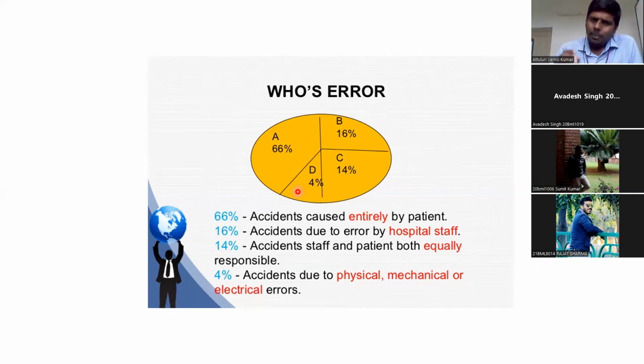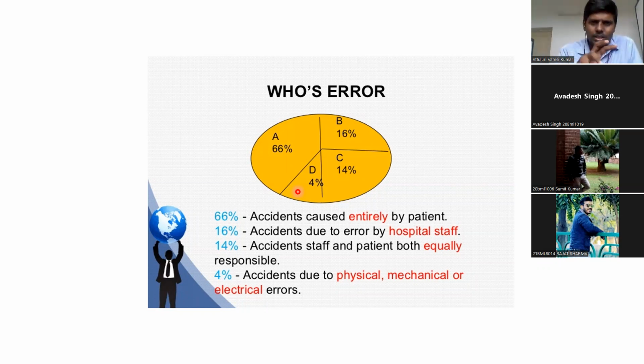See, maybe we cannot control the patient, but at least we must minimize the errors which are in our control. Electrical accidents can be controlled, and staff can be controlled. We can give periodic training to the staff. So let us see what the controllable errors are that we can minimize.